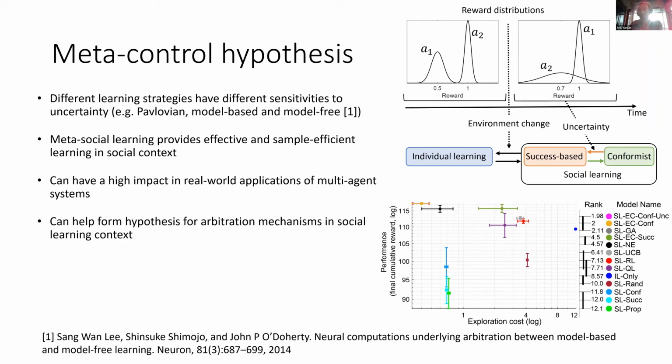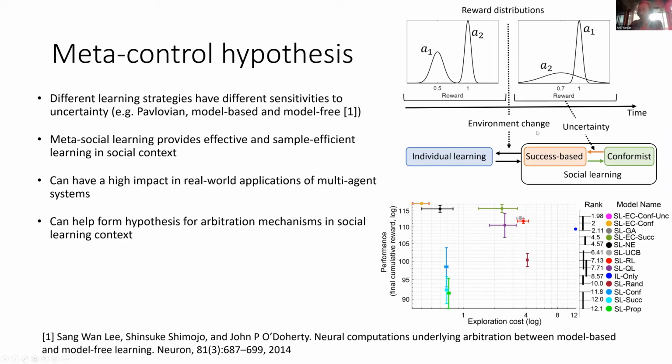So here we did a similar thing in a social learning context, where we have these different strategies, and depending on the environment, what kind of mixed strategy or meta control strategy we should have that would provide optimum learning, independent of the environment the agent is facing.